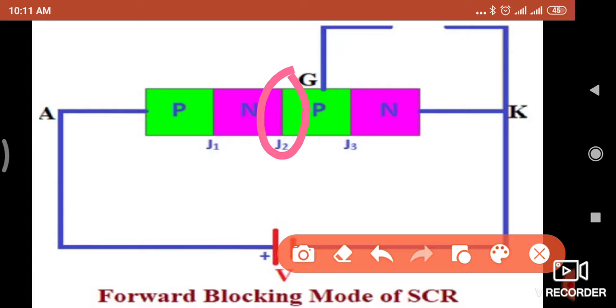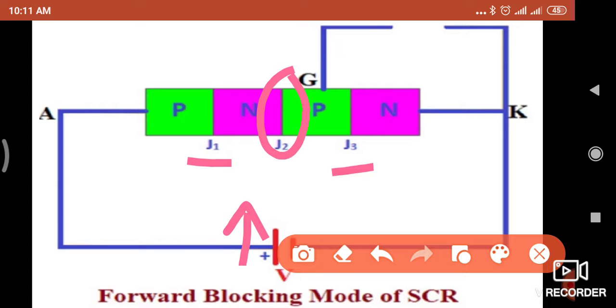So what we are going to do is increase the applied voltage. Now if the voltage is increased, then J1 and J3 are in conduction mode, and at a particular voltage J2 also comes into the conduction mode because of the avalanche effect.